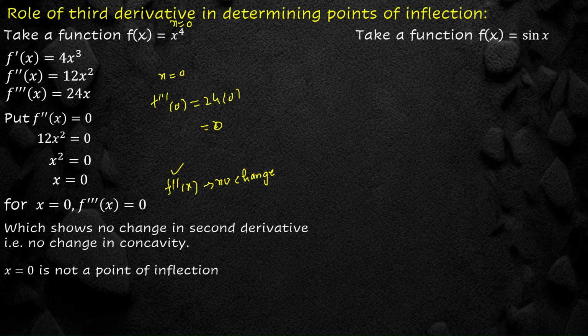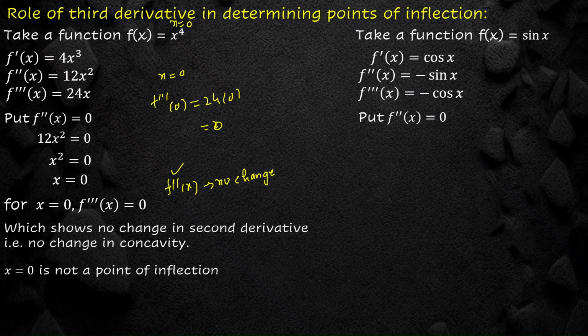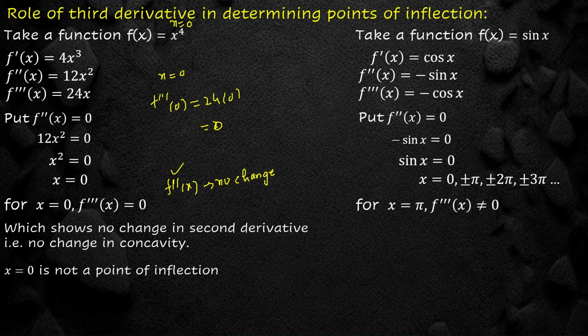Now again we take the function f of x is equal to sine of x, find the first, second and third derivatives, put the second derivative equal to 0 and find the values of x. At x is equal to pi, we take the point pi. The third derivative is minus cos pi, that is equal to minus into minus 1, which is 1, which is not equal to 0. So for x is equal to pi, the third derivative is not 0.